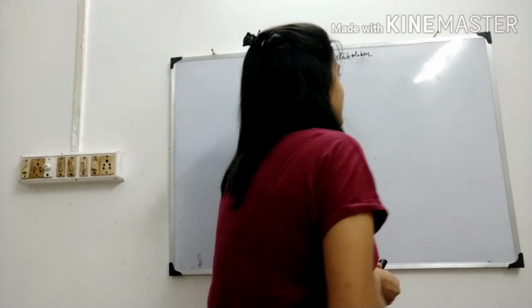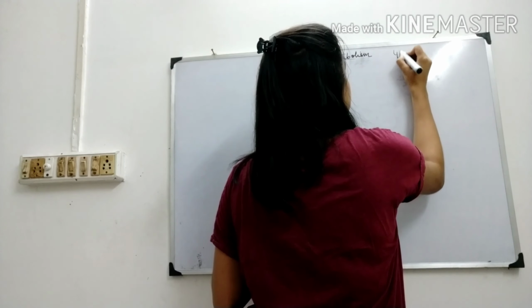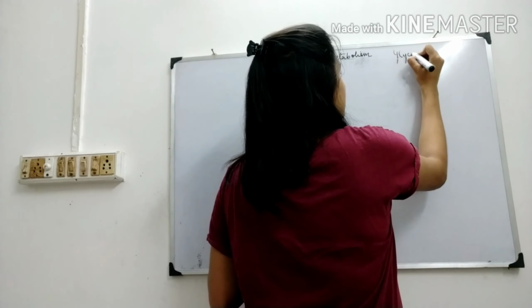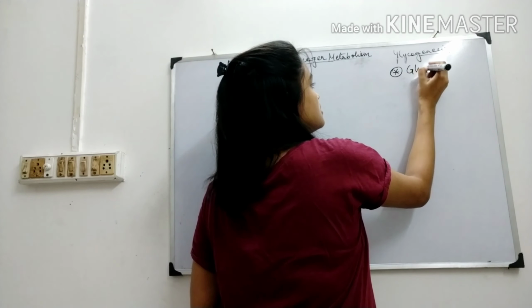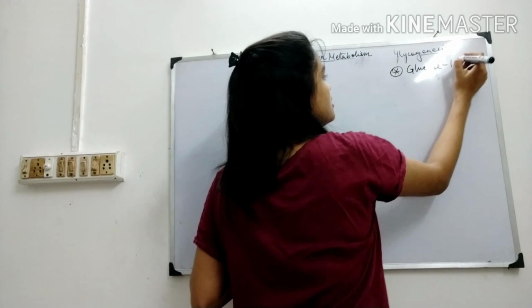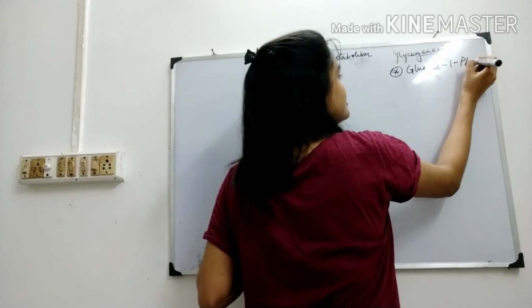So in glycogen synthesis, the first thing that we required was glucose 1-phosphate, and this was prepared from glucose to glucose 6-phosphate. This glucose 6-phosphate was isomerized to glucose 1-phosphate.